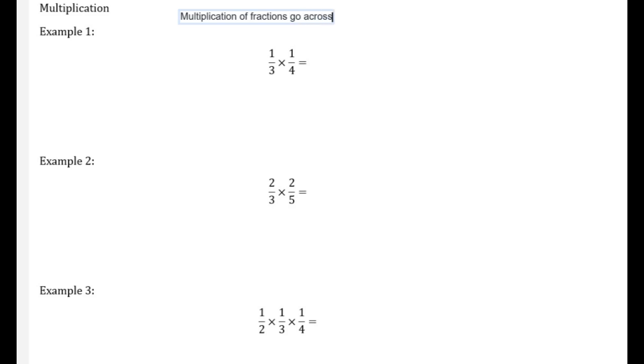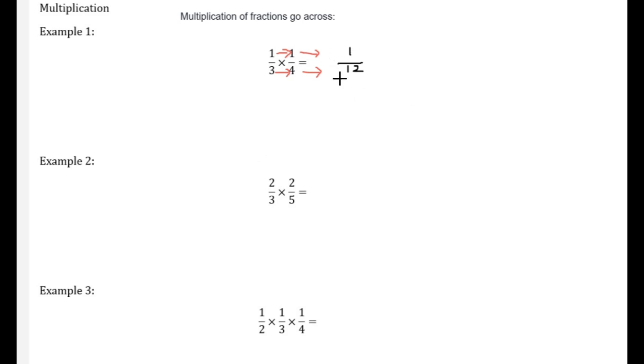You're going to see what I mean by that. I'm showing it here with these red arrows. So 1 times 1 is 1, and 3 times 4 is 12. And that's it.